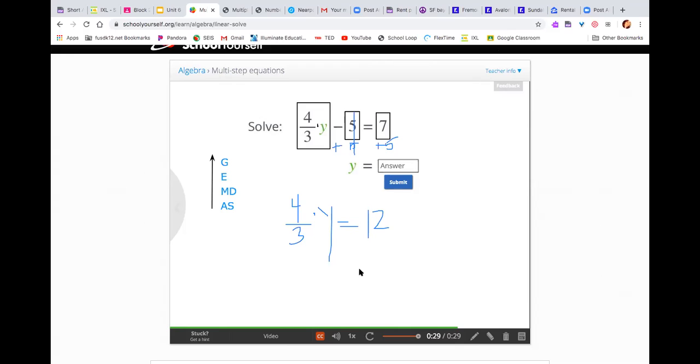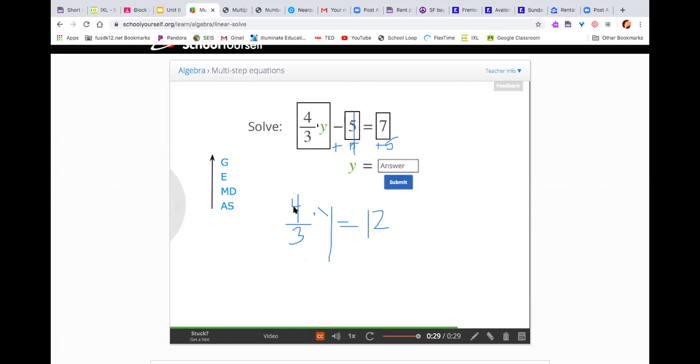All right. Now what am I going to do? Because I have 4 divided by 3 times y equals 12. So what do I want to do next? I have multiply and divide, and they're both here.